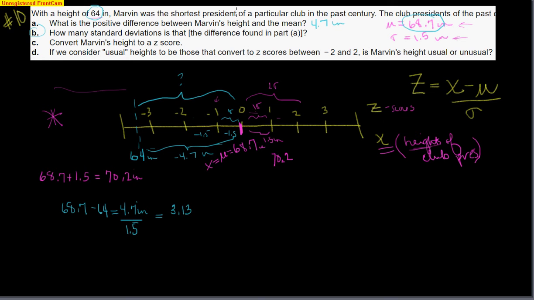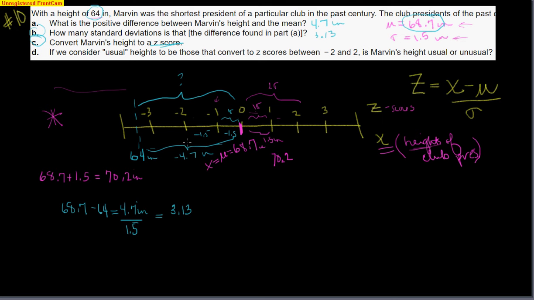So he's 3.13 standard deviations below the mean. And I would be perfectly fine if you use the negative. Just be careful because StatCrunch is picky that way, because then in Part C it specifically asks for what is the z-score. Well, the z-score is the number of standard deviations. It's just going to work out correctly in terms of positive and negative.